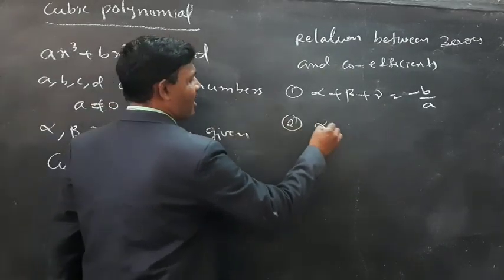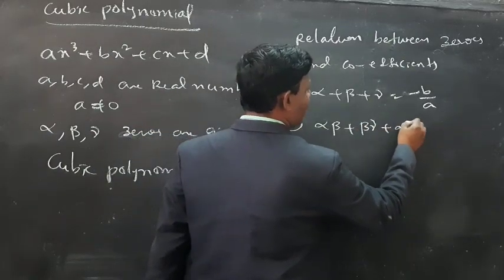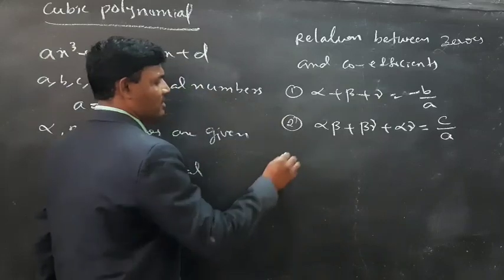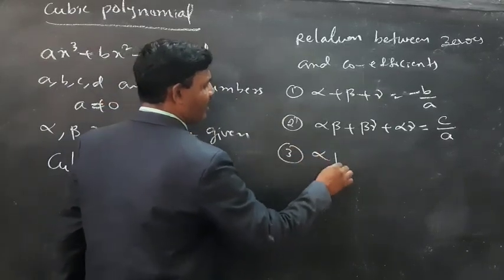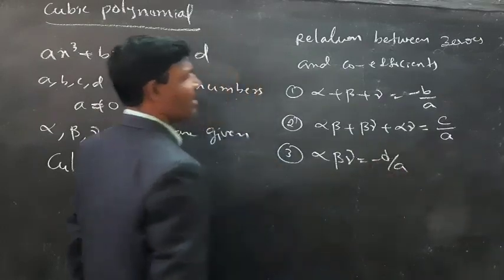Second relation: alpha beta plus beta gamma plus alpha gamma is equal to c by a. Third relation: alpha beta gamma is equal to minus d by a.